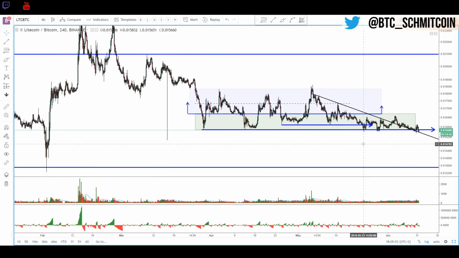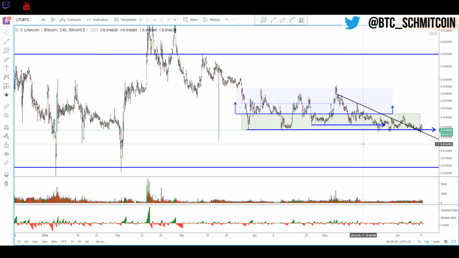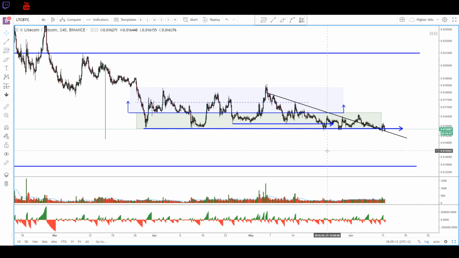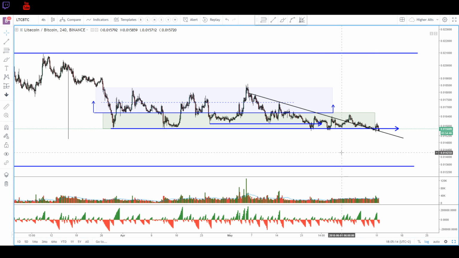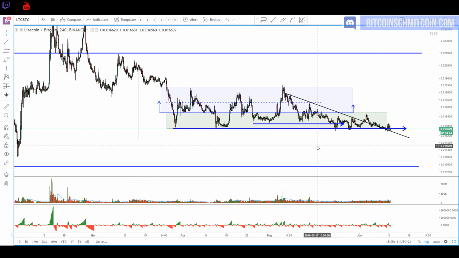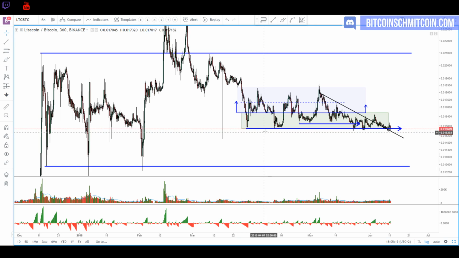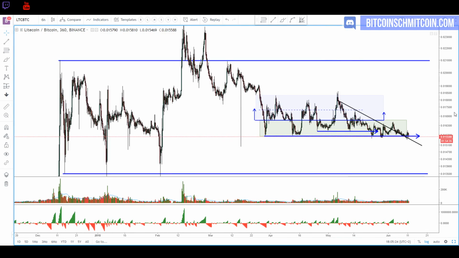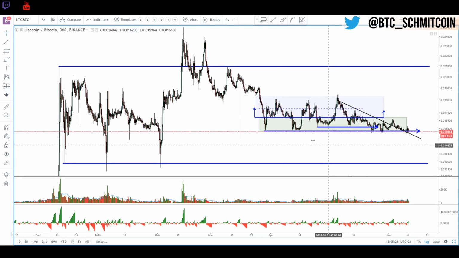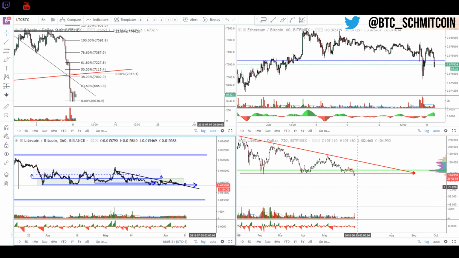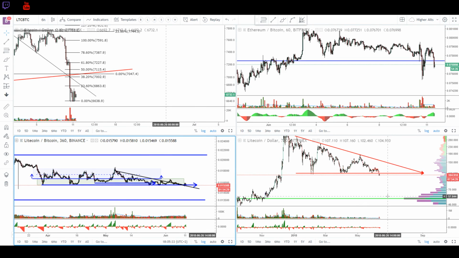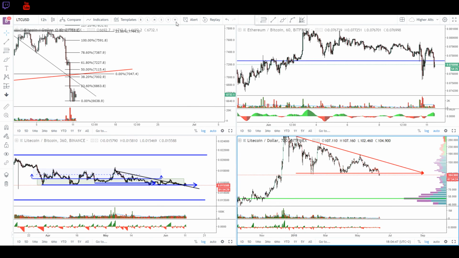Despite what all the other coins are doing, like Bitcoin Cash, Ether, Cardano, XRP, when Bitcoin took that huge dump yesterday, Litecoin Bitcoin wasn't very affected by it. It didn't move very much. It held its support, which is right here, really well. So if this is the case, then it's very likely that the Litecoin USD chart doesn't play out as aggressively as a lot of people think it's going to.